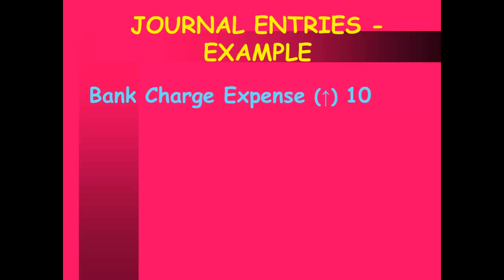It's an expense. If they don't have a specific account for bank charge expense, we'd have to use some sort of a miscellaneous account. Now, don't write this yet, but what account do I need to credit for $10? Cash. Now, do me a favor, though. Skip two lines, and I want you to write credit cash. Leave the amount off for right now. We'll do it just for the total.